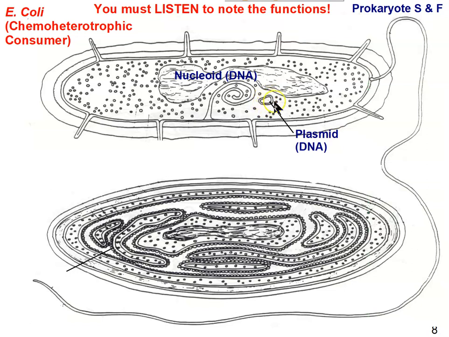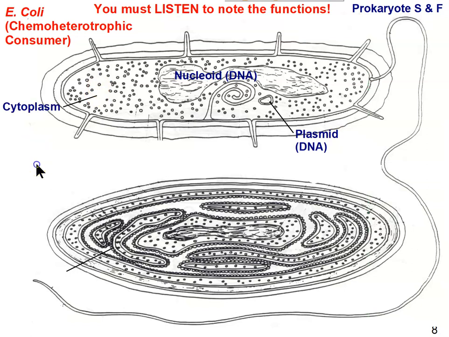Conjugation is a way for one prokaryotic cell to pass genetic information to another prokaryotic cell. And I'll describe that more coming up, because the pili here, these extensions of the plasma membrane known as pili, are also involved in conjugation between prokaryotic cells. But let's move on with these other structures and functions.